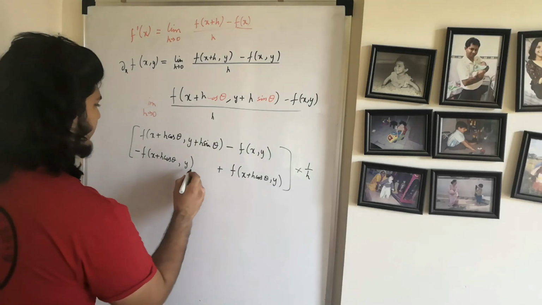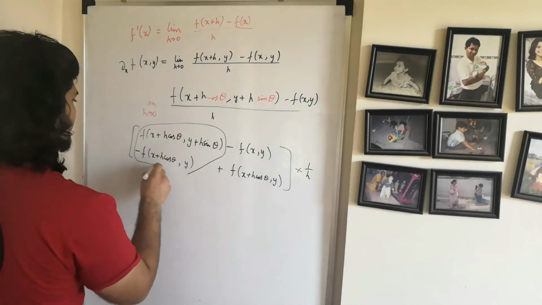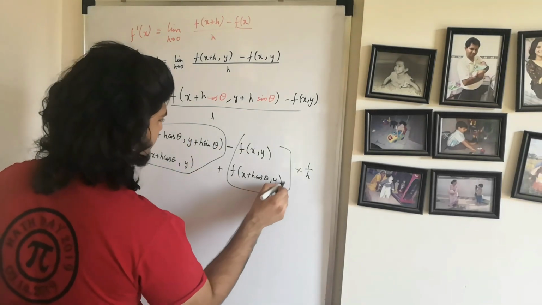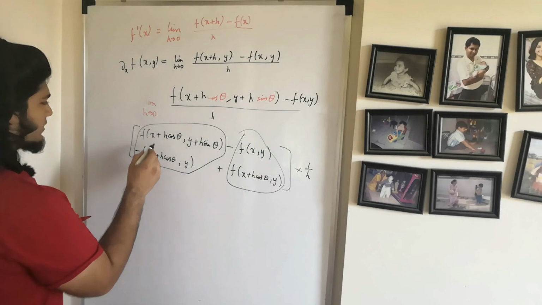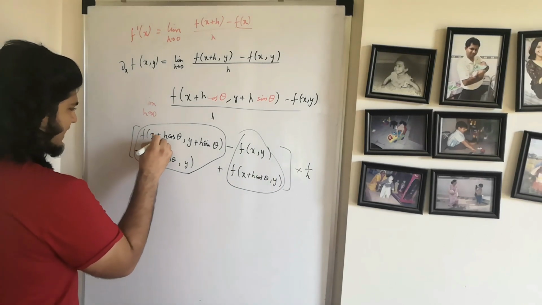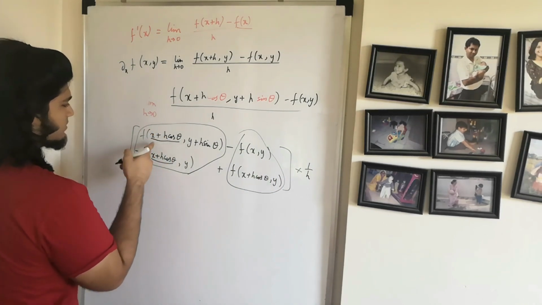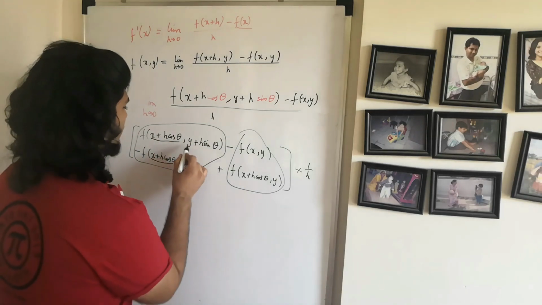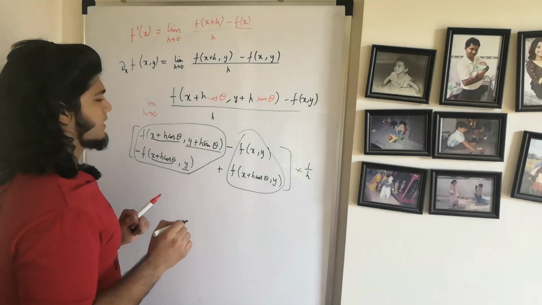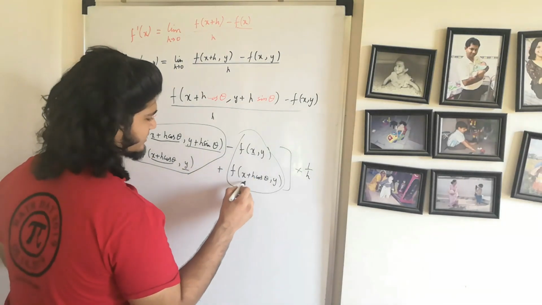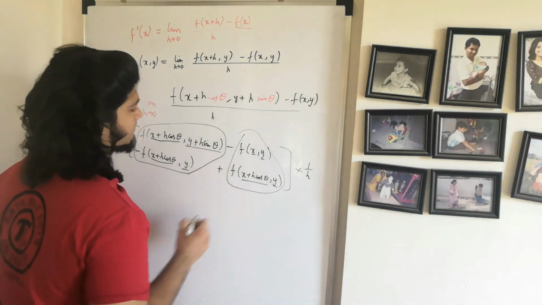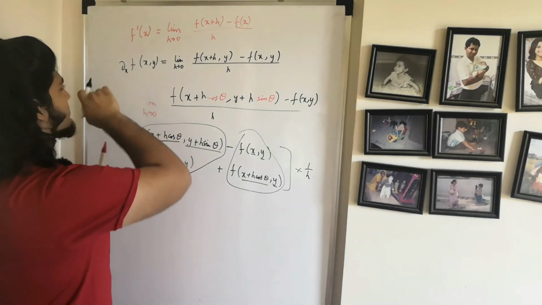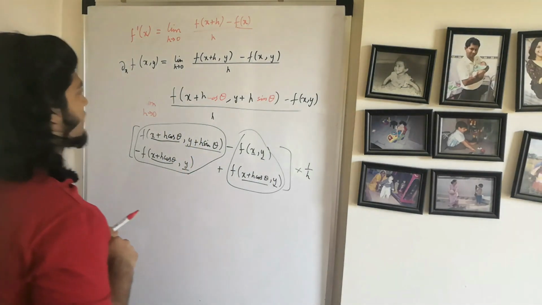What I basically have done is added and subtracted the same term, so that doesn't change anything. And we can in fact evaluate this difference divided by h, and we can also evaluate this, because if you see, the x part is staying constant, it's x plus h cos theta in both cases, but the y part is changing, and here the x part is changing but the y part is the same. So we can use our knowledge about the partial derivative and its formula.